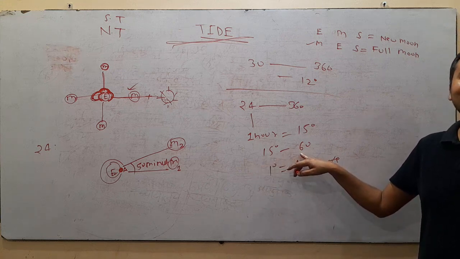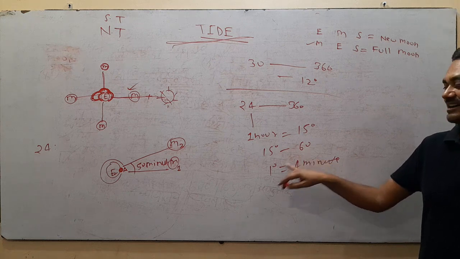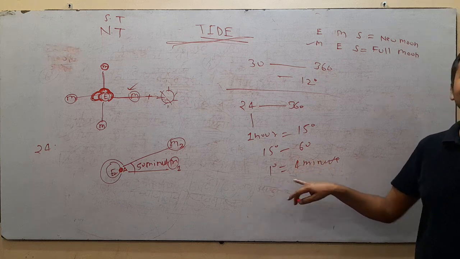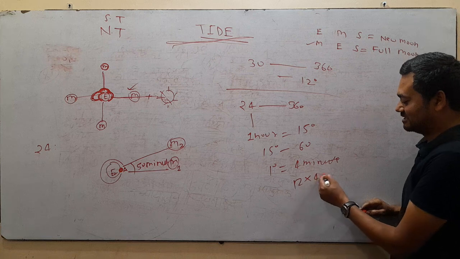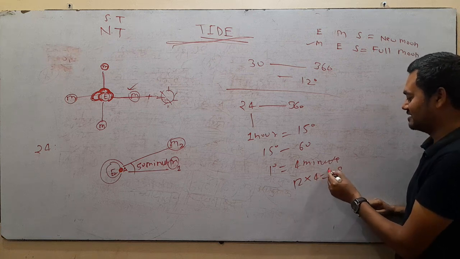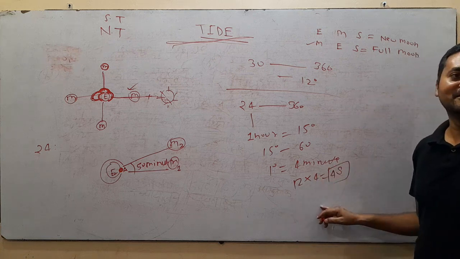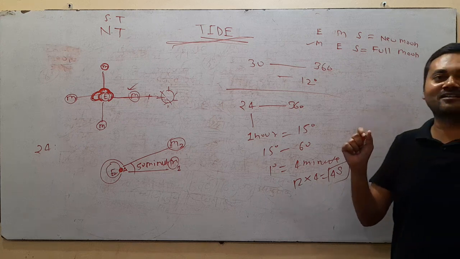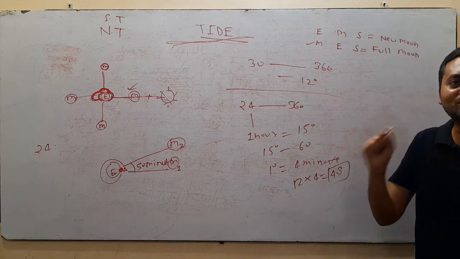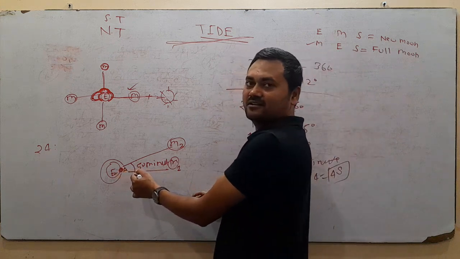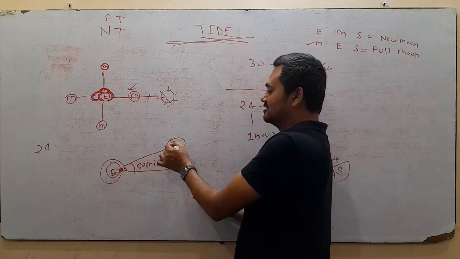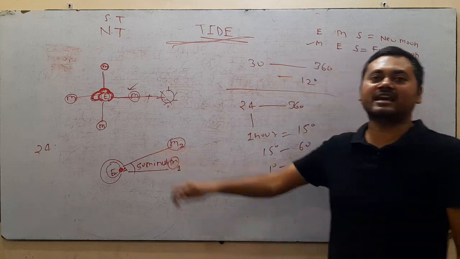So 12 degrees in 12 into 4, it will come to 48. So you require 48 minutes more to bring place A exactly below this M2.